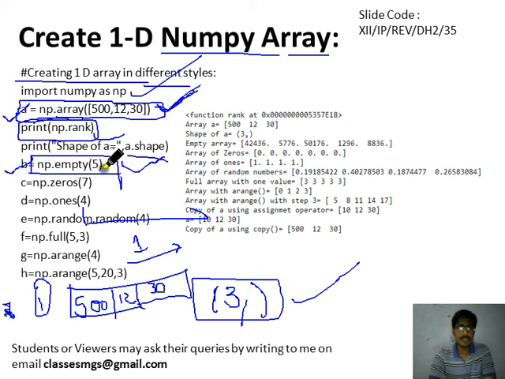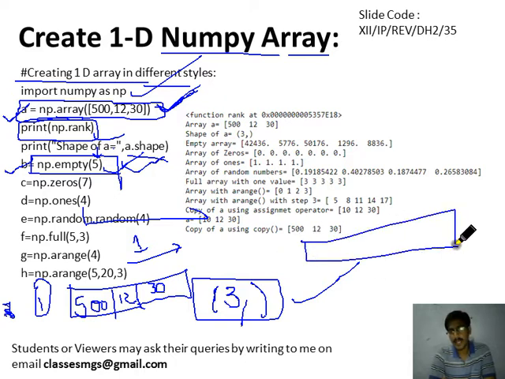Now if we want to create an empty numpy array without any data, we will use the empty method. Empty with a single number n will generate a one dimensional numpy array with n values. So it will generate a 5 element numpy array, and each element will have a garbage value.